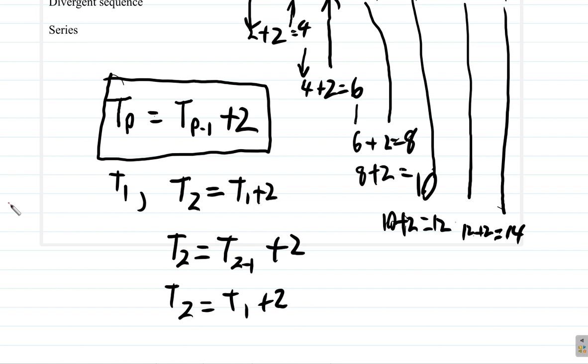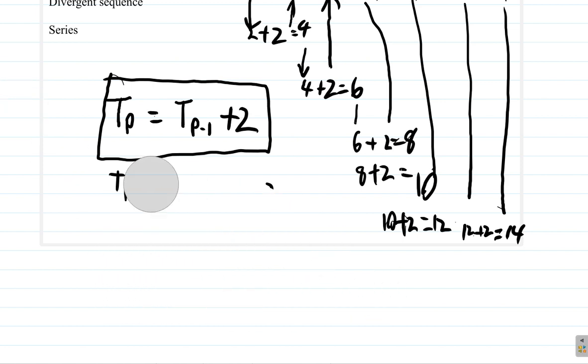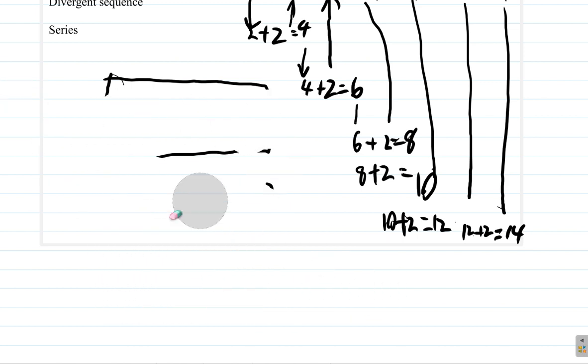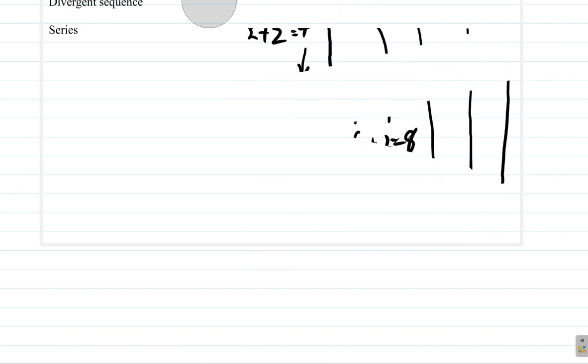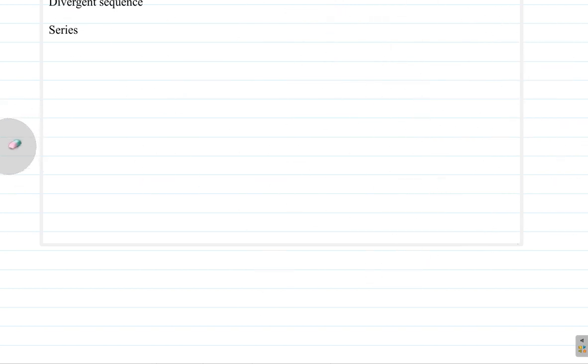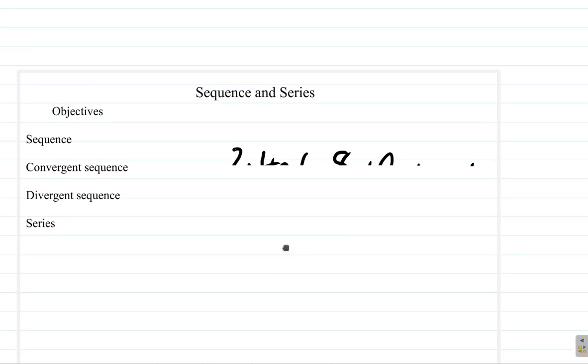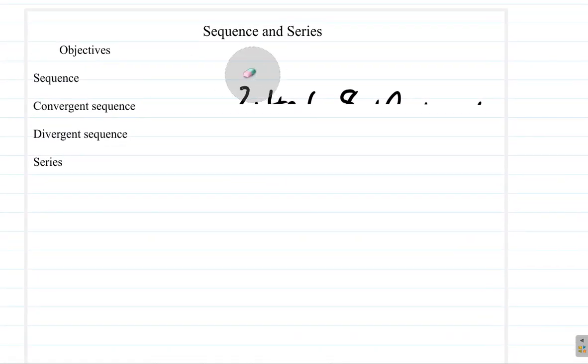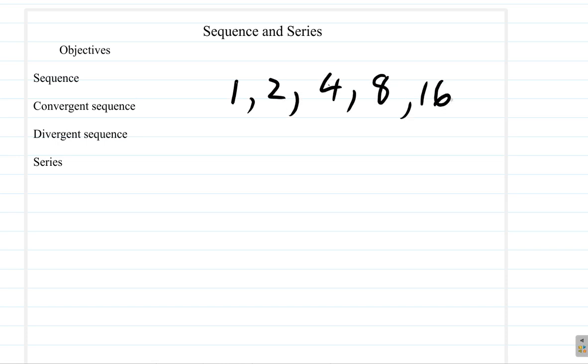Now, let's look at another example of a sequence. Let me erase these things here. Suppose you have the sequence 1, 2, 4, 8, 16, and so on and so forth.